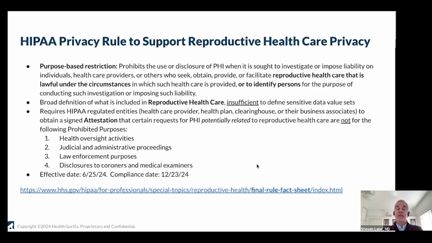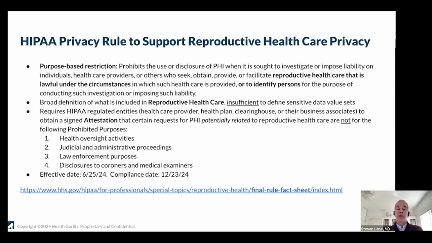But it's complicated because it's not always completely clear for what purpose data is being requested. I've personally set up connections to exchange data with medical examiners, and that data was requested under the treatment purpose. So we have some challenge in terms of how we're going to support and comply with this purpose-based restriction.